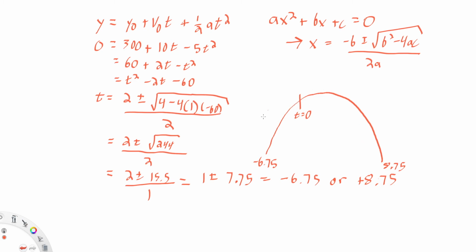Right? So the mathematics doesn't know that time started here at t equals 0. All it knows is this shape, and you've asked to find the roots of this shape. So we need to use our common sense to interpret the mathematical answer after we've got it. So in this case, the negative number means that if the coin had been following a trajectory rather than being dropped, it would have been on the ground 6.75 seconds ago.